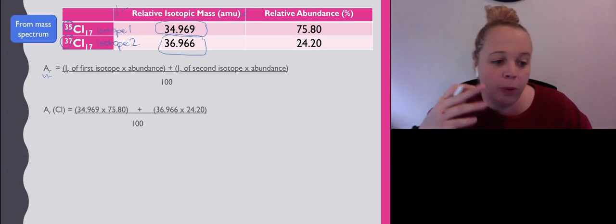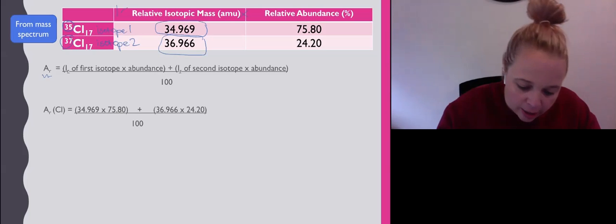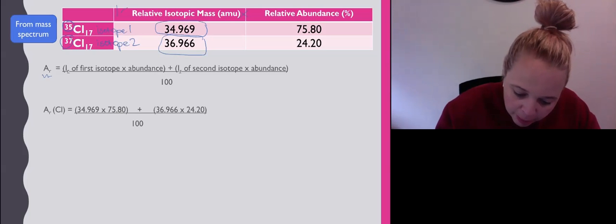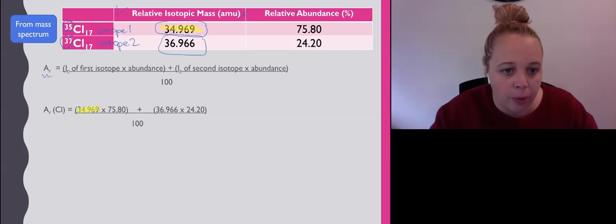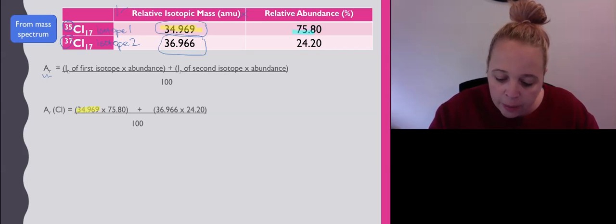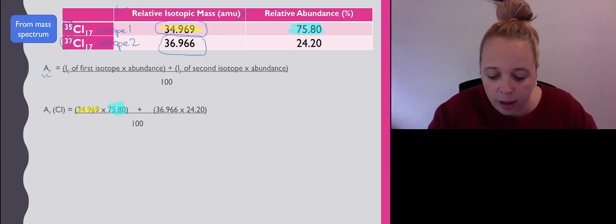So once we go through the answers, you can see here the relative isotopic mass has come from there, 38.969, and we multiplied that by its relative abundance, which is 75.8. I'm color coding it so you can see where all these numbers came from.